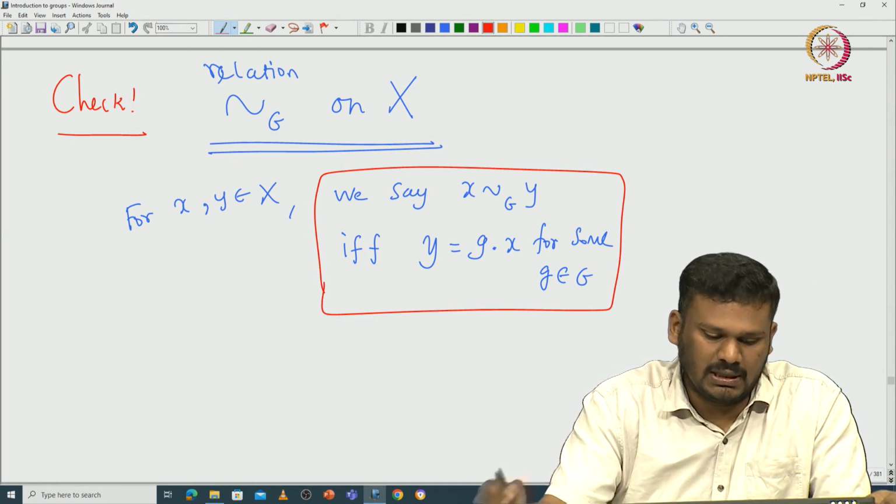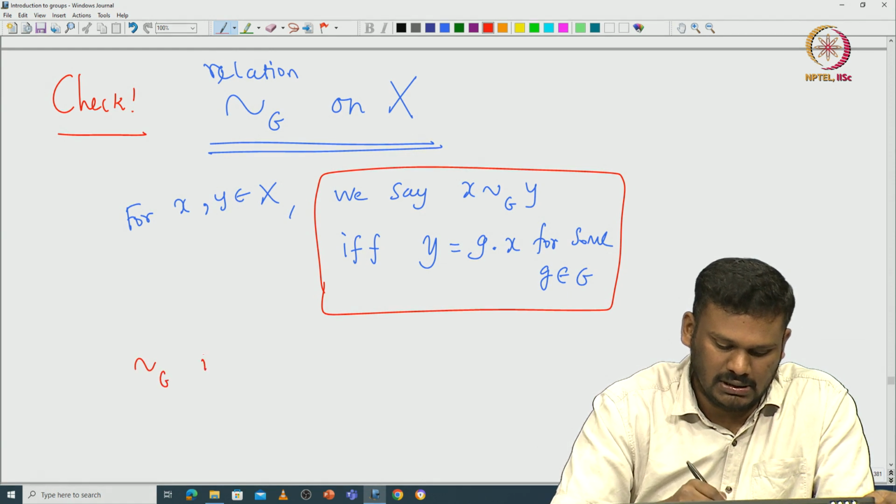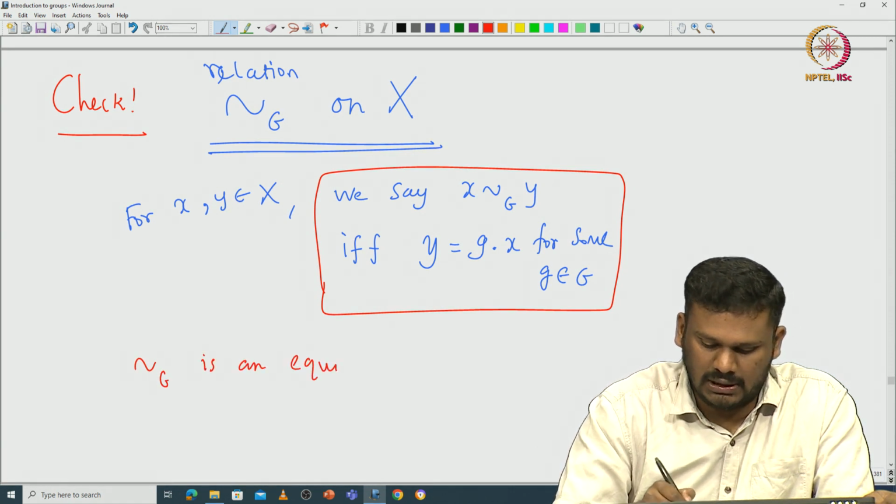I will leave it to you to check that tilde G is indeed an equivalence relation.